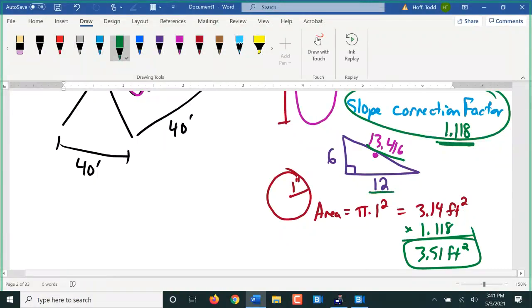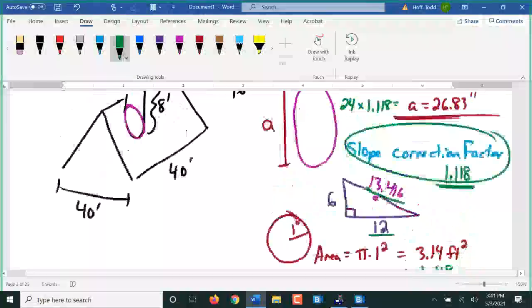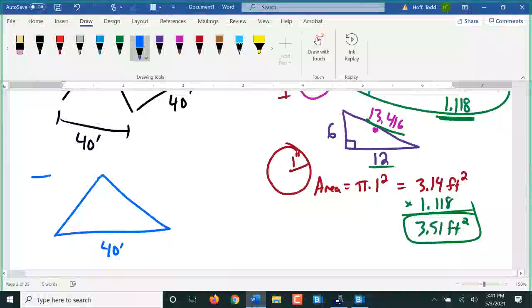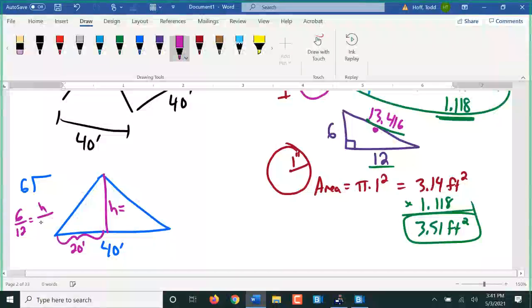Let's focus on the roof for now. Let's finish finding the dimensions of our roof. 40-foot span, 6/12 slope. I want to find this height. What's that height going to be? Run here is going to be 20 feet. 6/12 equals h over 20, careful, because it's half of 40.